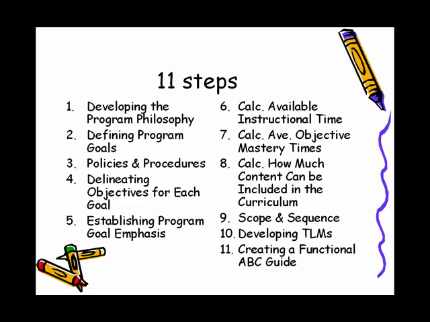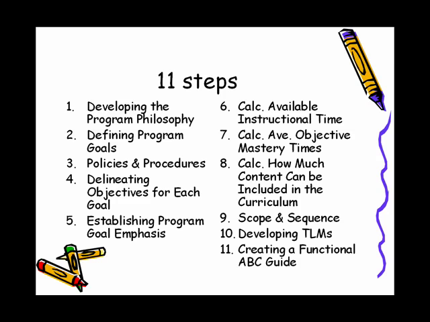This is where we will prioritize our program goals. Step 6 is we'll calculate the available instructional time. We'll do some really simple math to determine how much instructional time we have over an academic year.